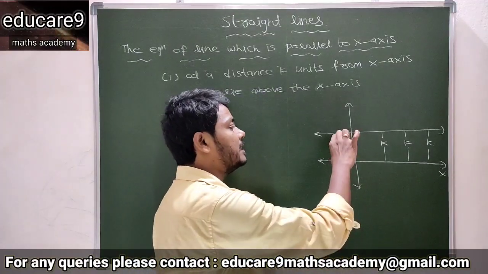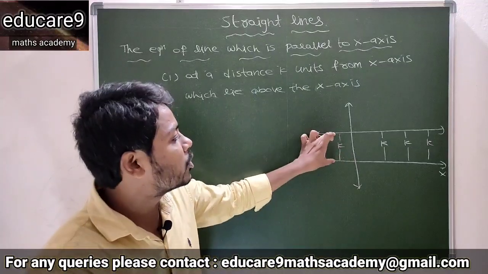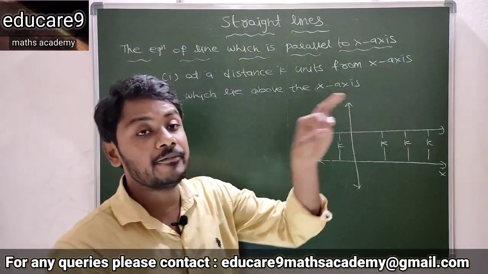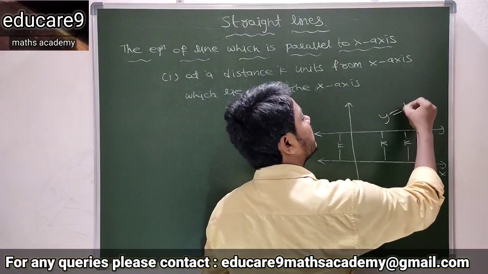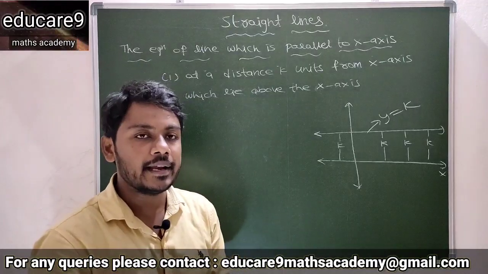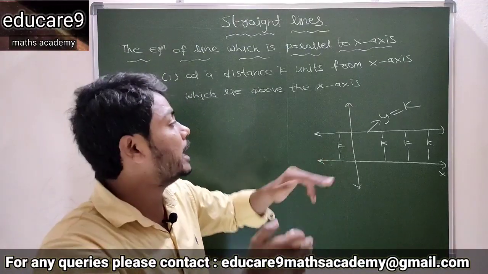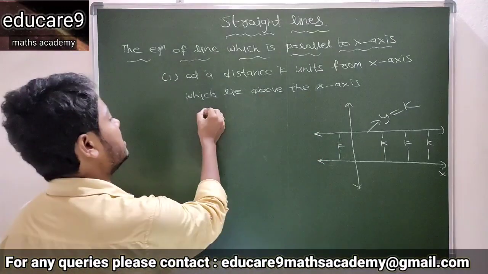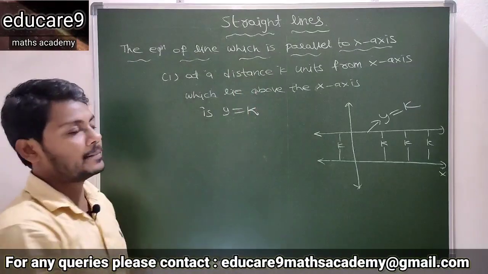Clearly this distance is the vertical distance. Therefore this vertical distance has a fixed value, that is y equals k. Therefore the equation of the line which is parallel to the x axis and lies above the x axis is y equals k.